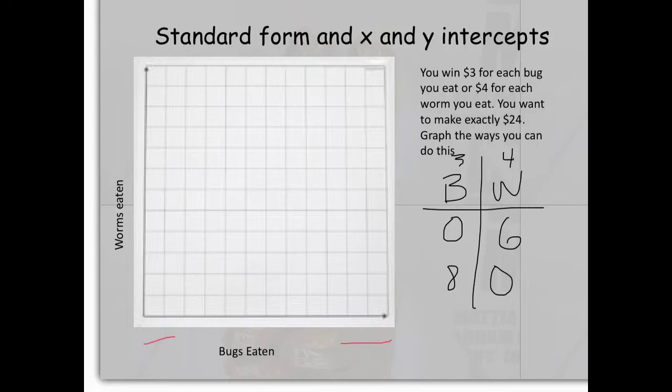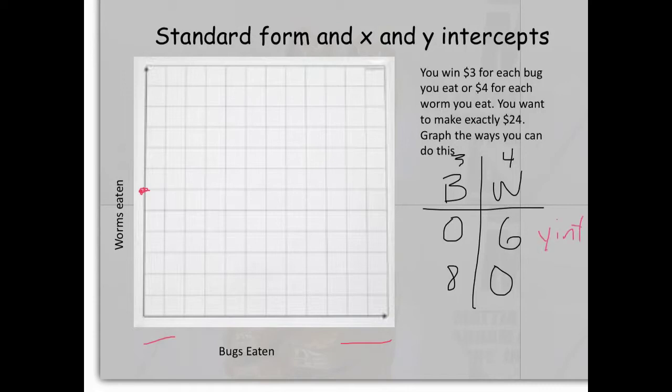We know that if we eat 0 bugs, we can eat 6 worms. That is our y-intercept, because if we just go up 1, 2, 3, 4, 5, 6 and put a point, that will be our y-intercept.